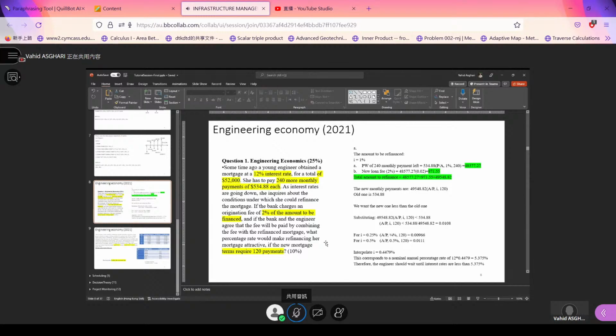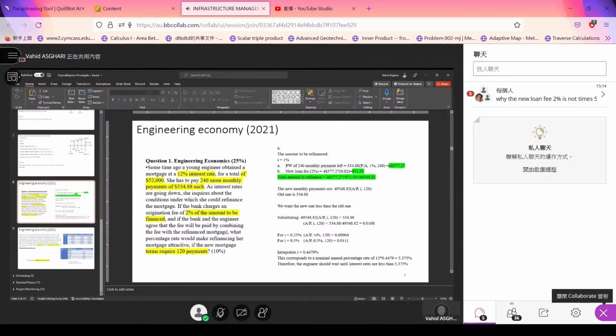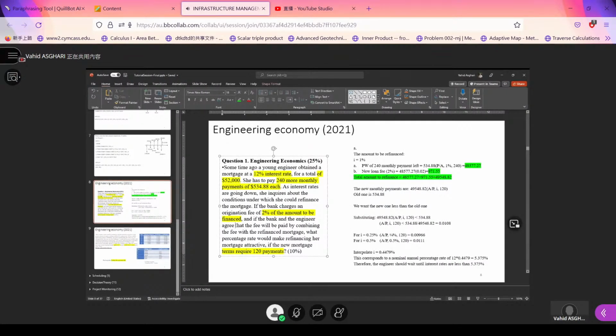Let me check. Okay, in here you can see that the fee will be paid by combining the fee with the refinanced mortgage. The mortgage is here. The 2% of the first money. Okay, that is not clear?